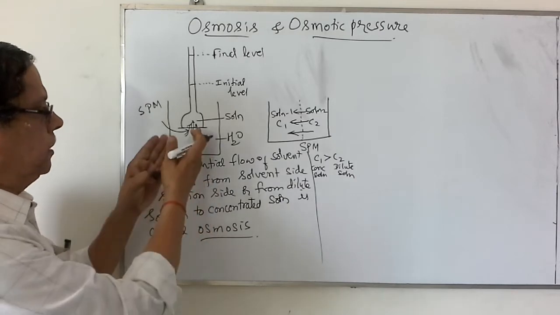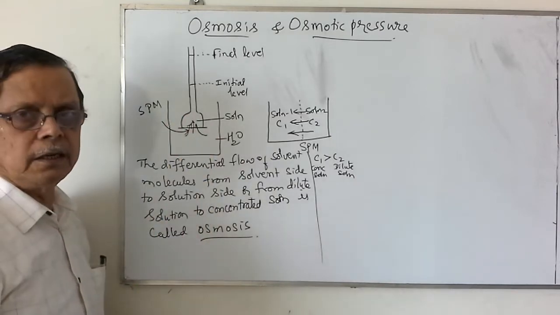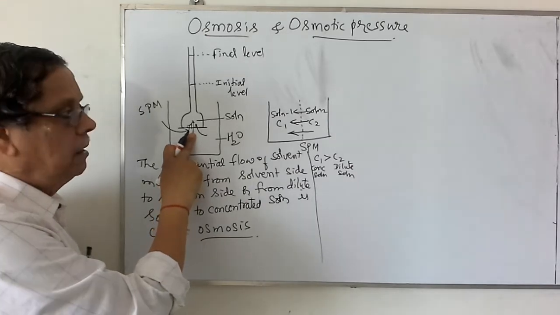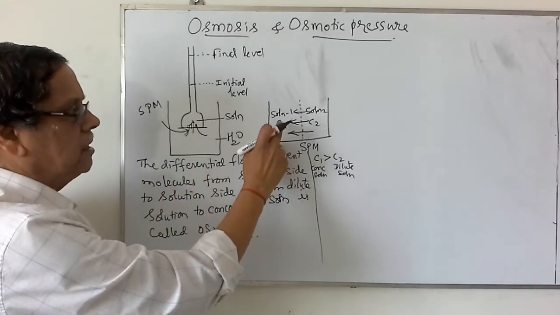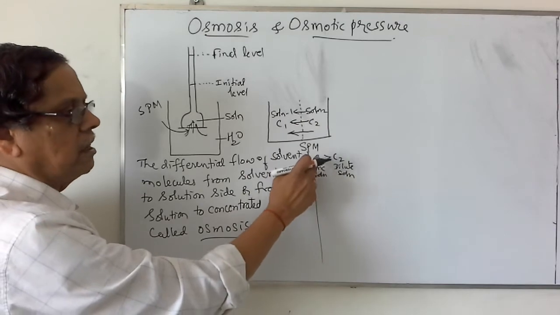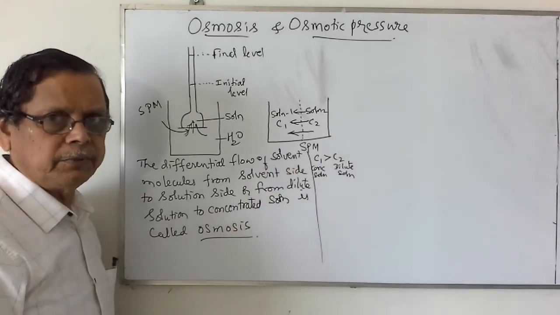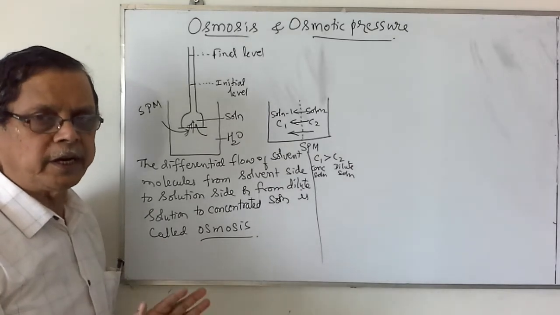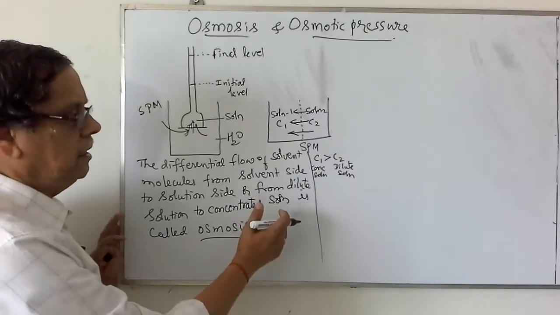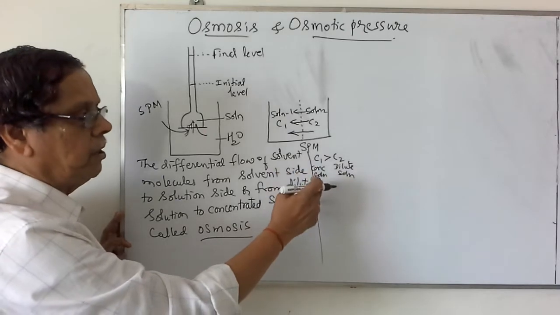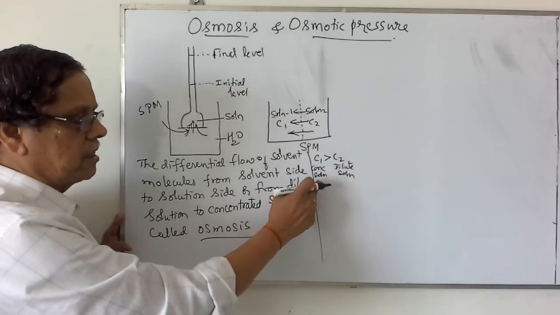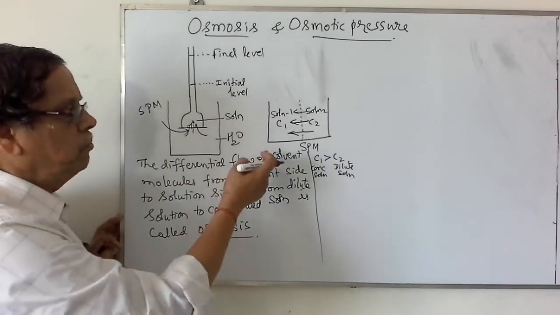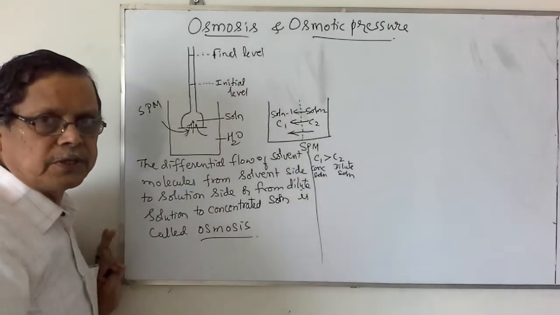Now when you keep the solution in contact with the water or solvent separated by a semi-permeable membrane, or a solution with concentration 1 and concentration 2 in which concentration 1 is more than that of concentration 2, or if two different concentrated solutions are separated from one another, we observe that the solvent molecules move from dilute to the concentrated solution or pure solvent side to the solution side. This movement is actually named as osmosis.